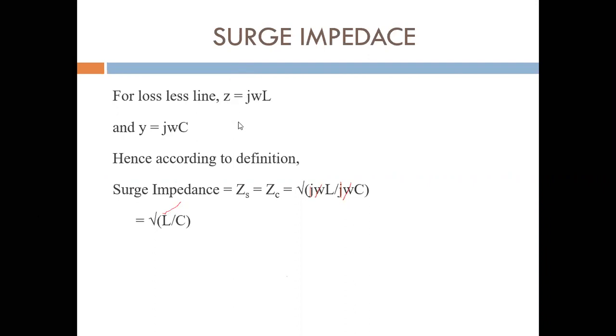Normally Z is equal to R plus j omega L, but in the loss-free transmission line, R is equal to 0, so Z is equal to j omega L. And Y is equal to G plus jB, where G is equal to 0, so Y corresponds to C.